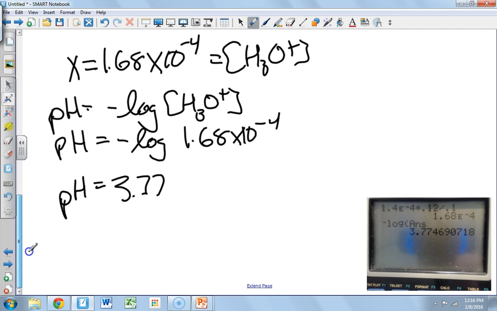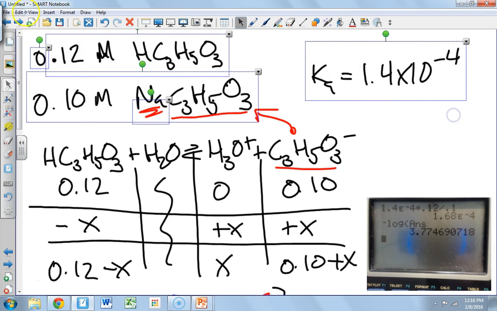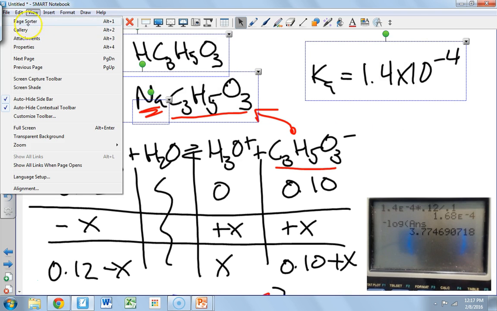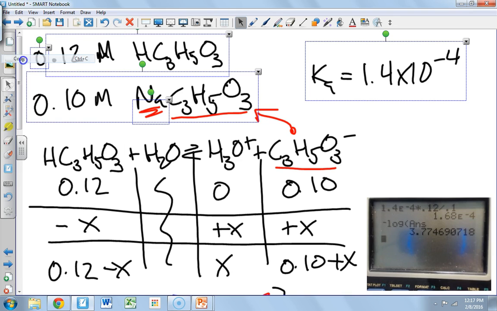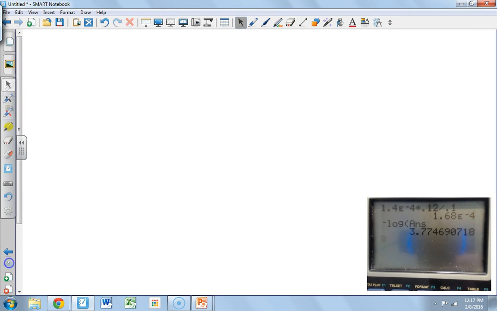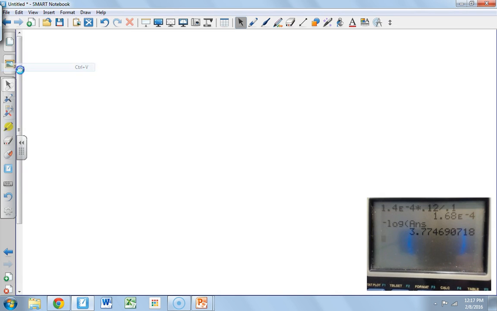Now we can take the same problem, and that's what I'm going to do. I'm going to box all this, go to edit, copy, go to the next page, and paste.